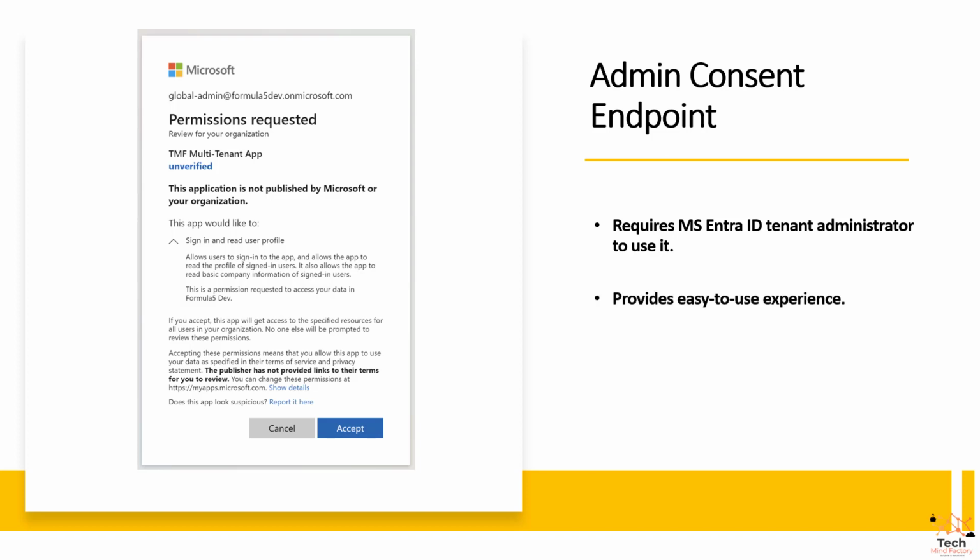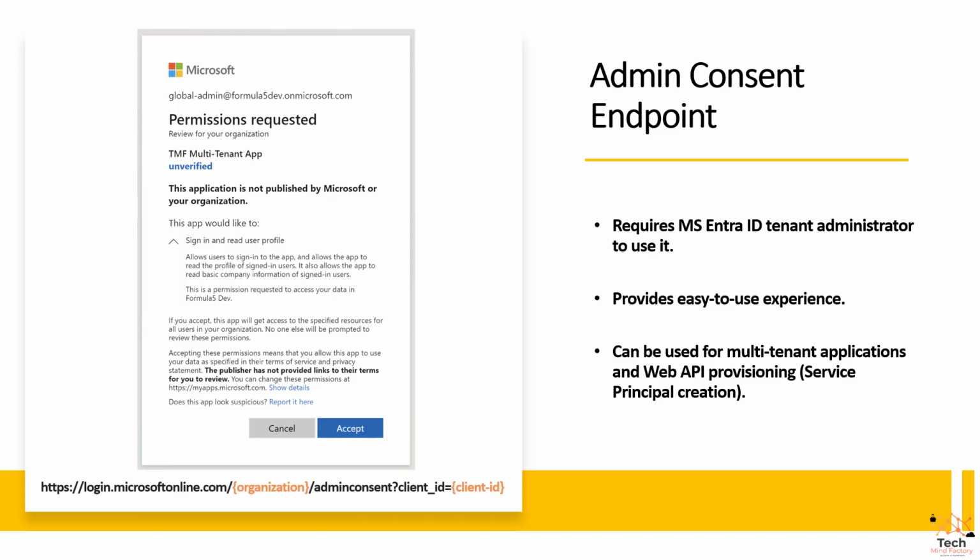It provides an easy to use experience, because we can use it in the web browser, the consent screen is displayed, and we can read those consents and accept them. This can be used for multi-tenant applications and web APIs provisioning, so service principal creation. That's what I mentioned before. So once the global administrator consents, clicks the accept button, then the application or web API is provisioned. So the service principal will be created.